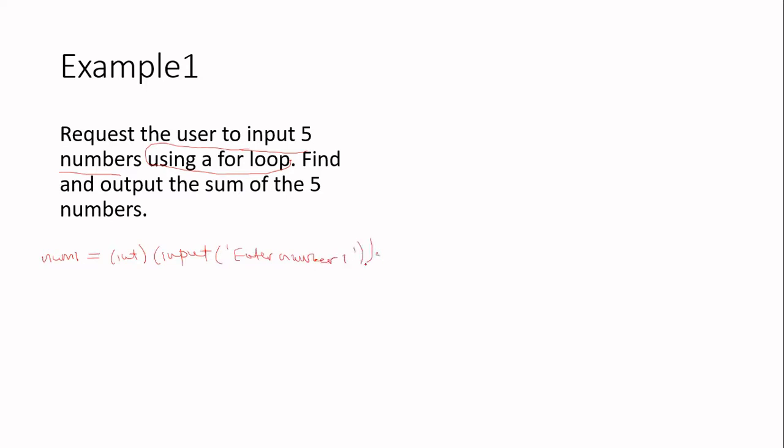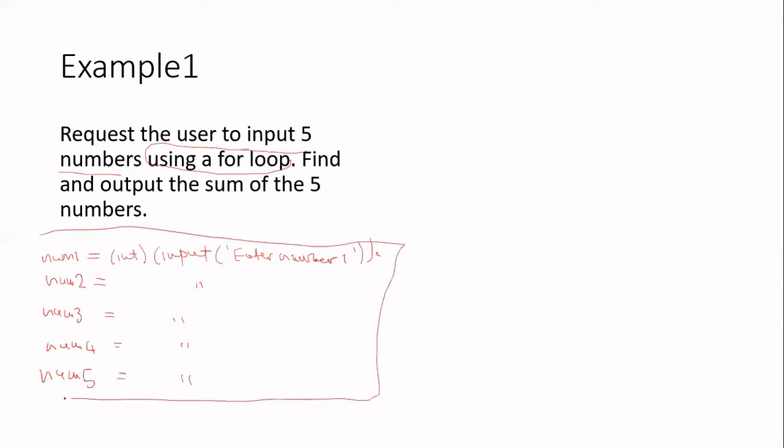And similarly, I could get another number, num2, in the same way. And then I could get num3, num4, and finally I could get num5. That will give me 5 numbers, which is what the question wants me to achieve, to input 5 numbers, but I'm not using a loop.